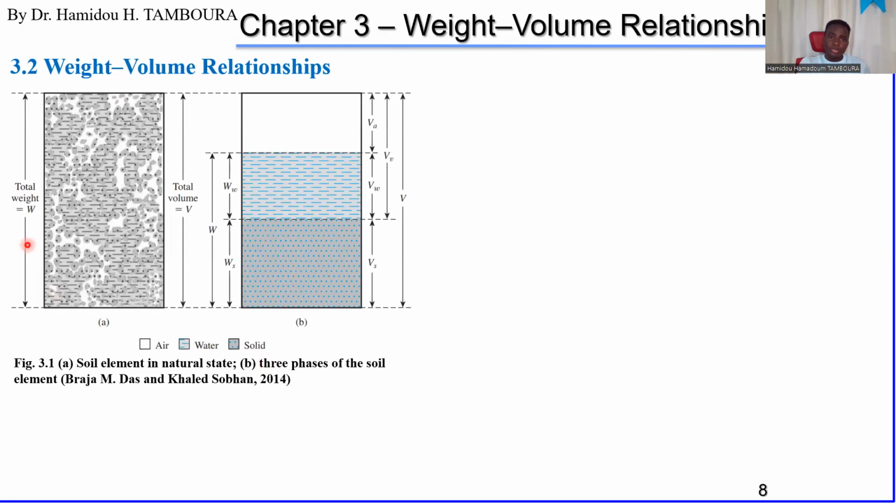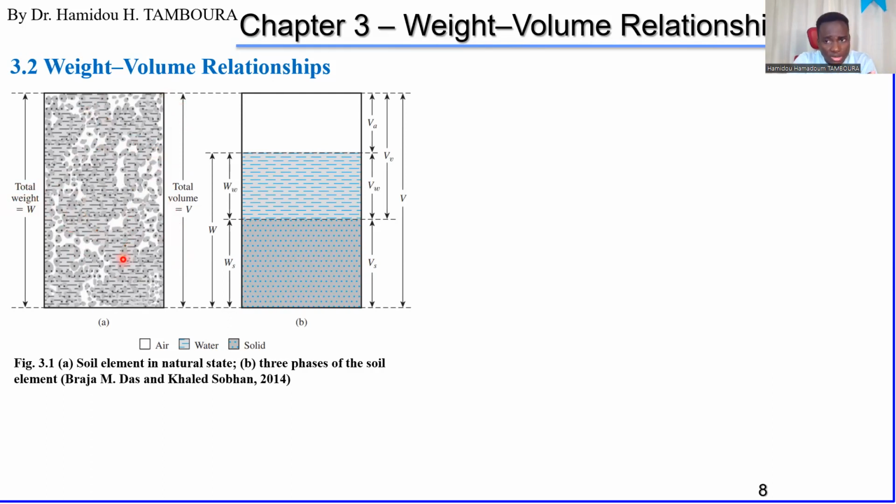If you take a soil sample, in this soil you have some grains, grain particles, meaning the soil particles themselves, but you have also water, and you may have also some void within the soil sample, the soil mass. The soil mass will have, of course, a weight. We'll call it total weight, and it will have a total volume.